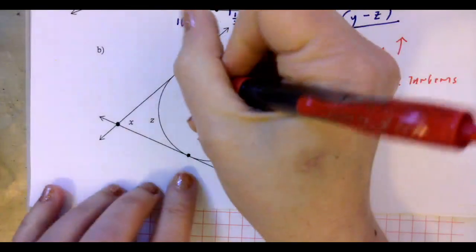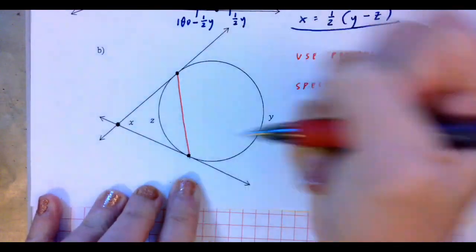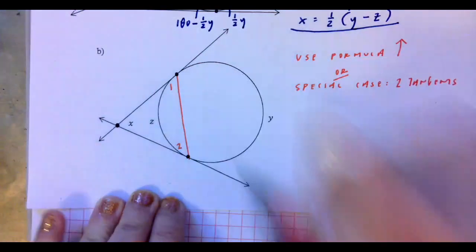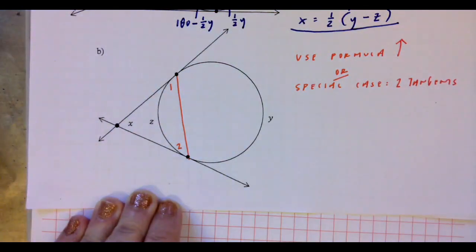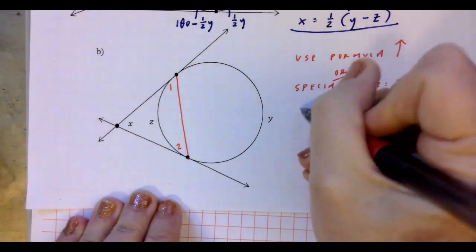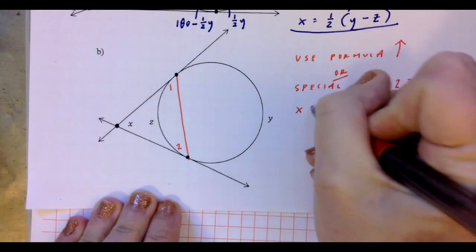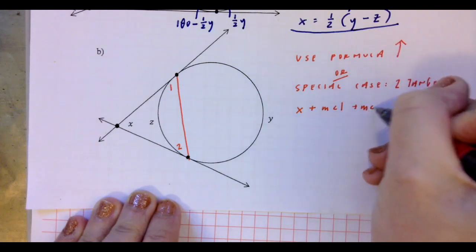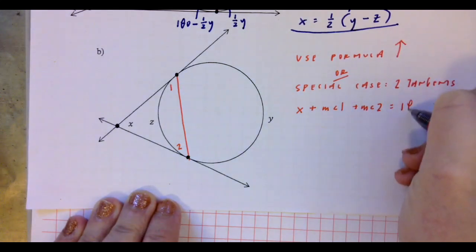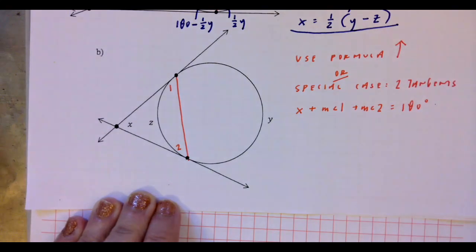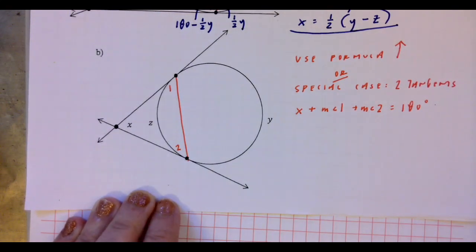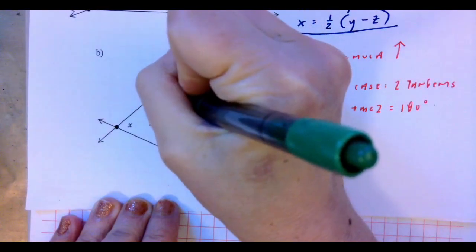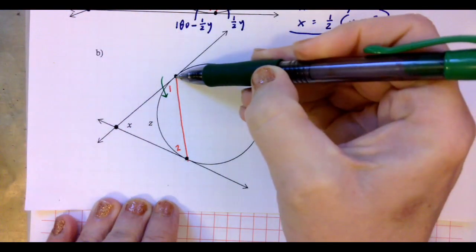but I can also see this, right? If I connect those two points of tangency like so, let's say I label this as angle 1 and this is angle 2. Okay, first thing that I see now that I have that labeled, I know that x plus the measure of angle 1 plus the measure of angle 2 is going to have to add up to 180, right? Because interior angles of any triangle add to 180. But now I can see that this angle right here, vertex is on the circle.